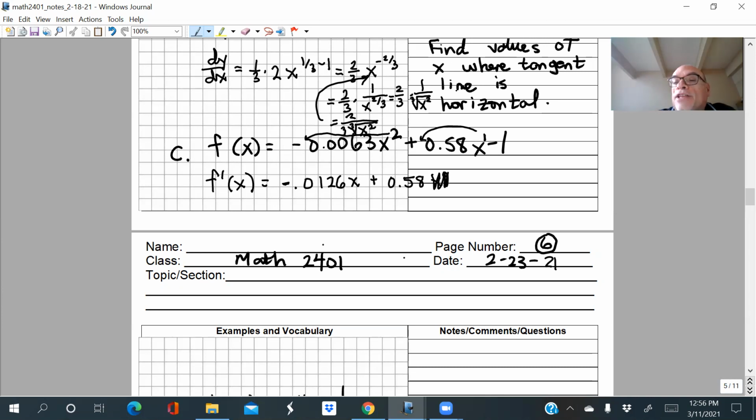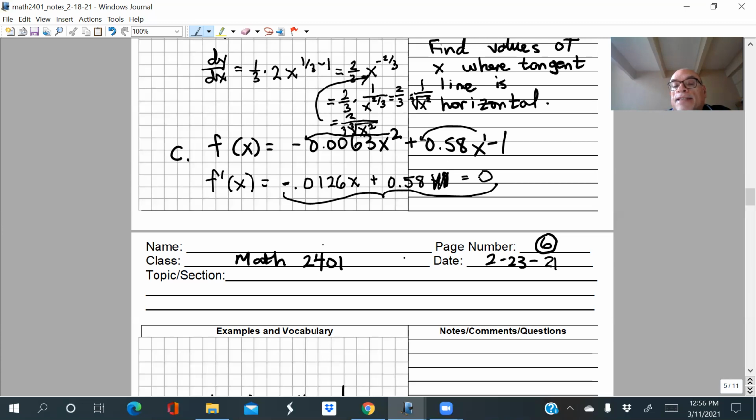All right. So to answer this question, you take your derivative and set it equal to 0. So you just have to solve this equation. That's a very easy equation to solve, so we're not going to actually go through the solutions there. You may need a calculator to help you with this, but that's it.